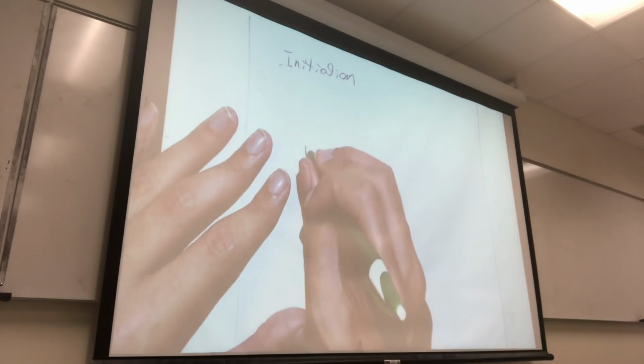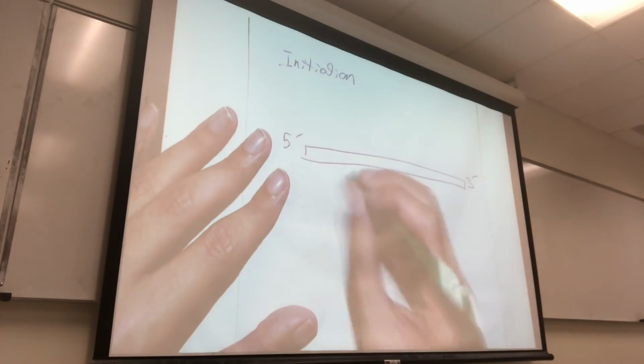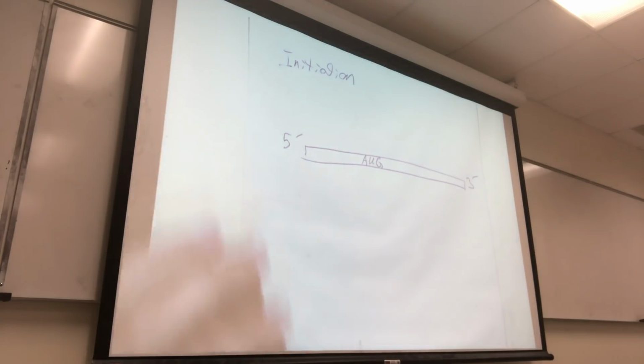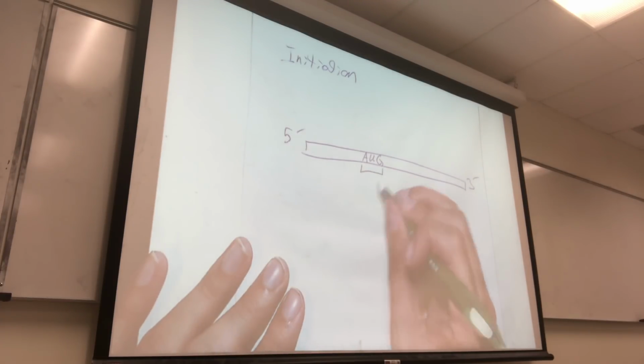We know so far we have our mRNA, and somewhere in that mRNA is a 3 base pair codon called the start codon.